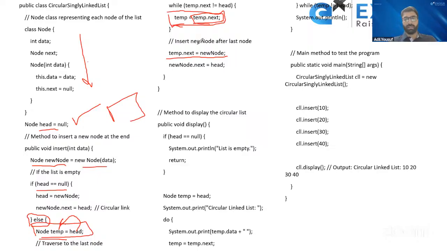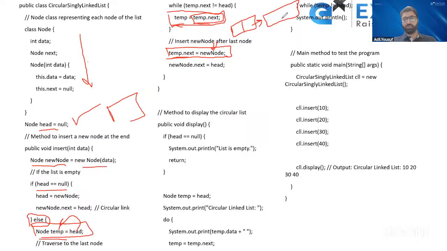Now for the new node which I have to insert, I will write temp dot next is equal to new node, meaning this temp, which is the last node till now, its next will become the new node that I have created.